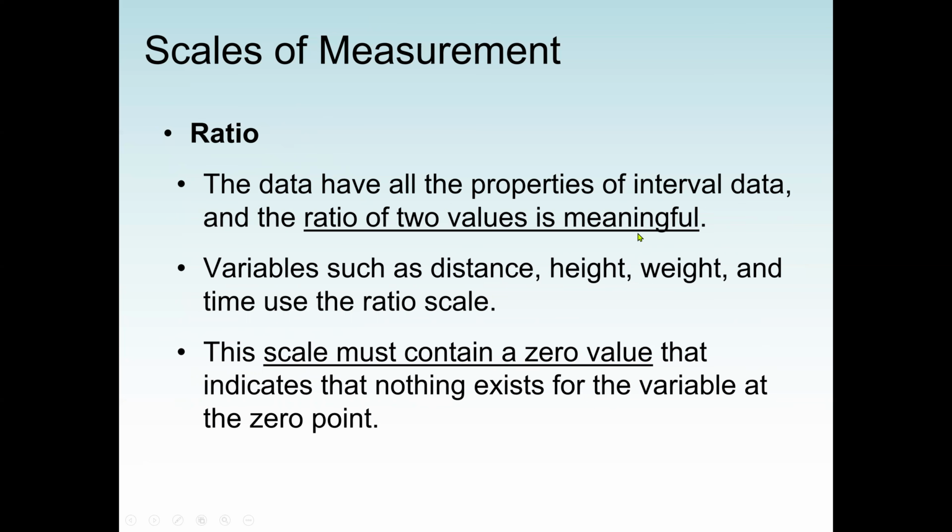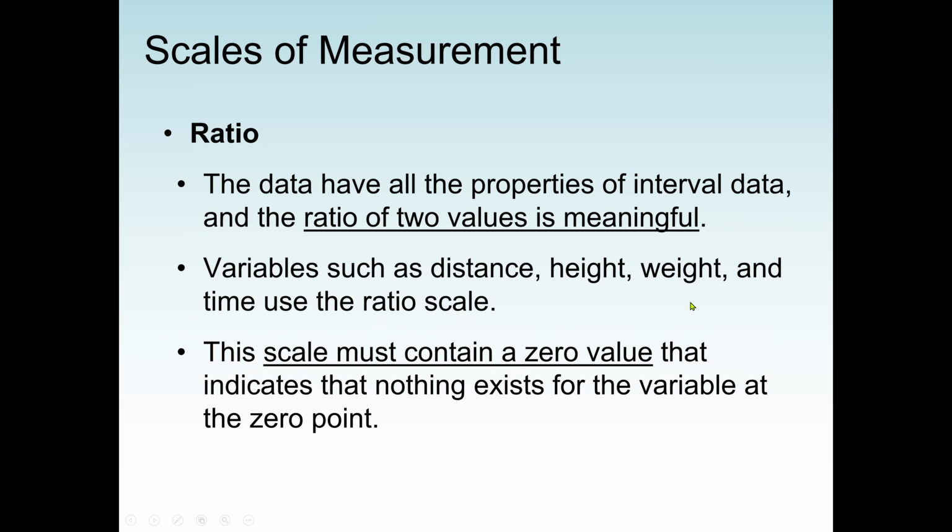So division is possible. Variables such as distance, height, weight, and time use the ratio scale. And this scale must contain a zero value indicating that nothing exists for the variable. So for example, if we say the person's weight is 0, it means the person doesn't even exist. Or if an object's weight is 0, it means it doesn't exist.